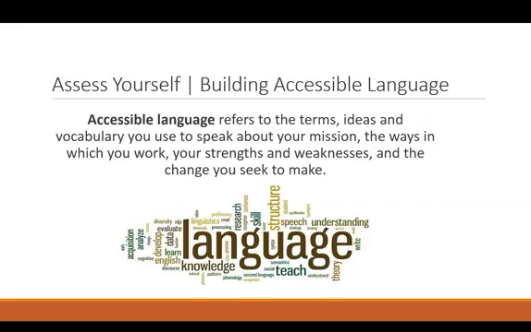It refers to the terms, the ideas, and the vocabulary you use to speak about the mission, the ways in which you work, your particular strengths and weaknesses, and the change you seek to make or the impact that you seek to make. And so the goal here is to really build a language that other people can understand. So ensuring that, you know, take the time and do the research to ensure that you have a vocabulary in which you can speak.